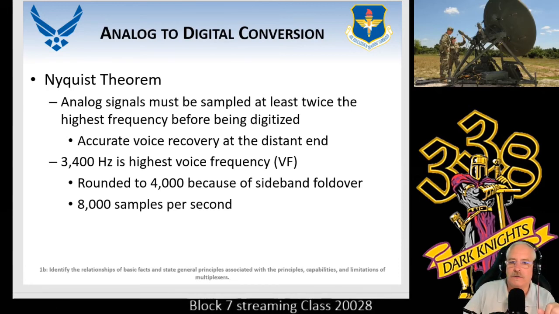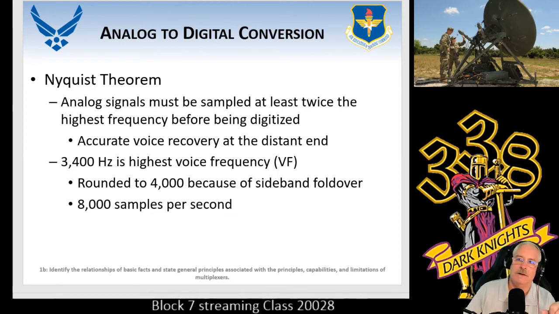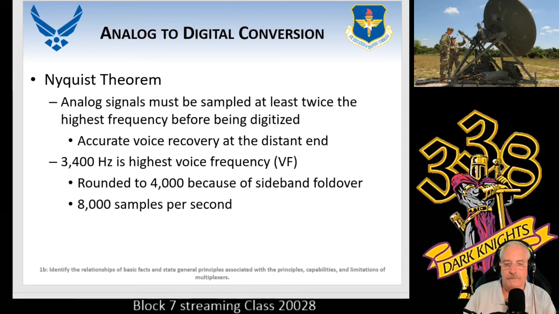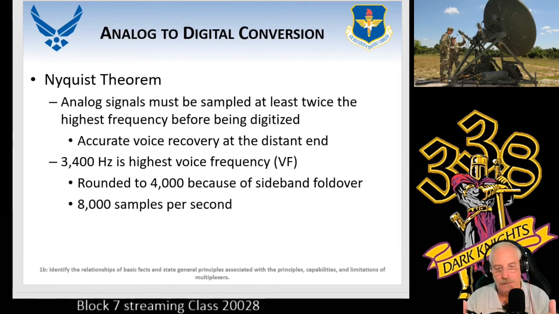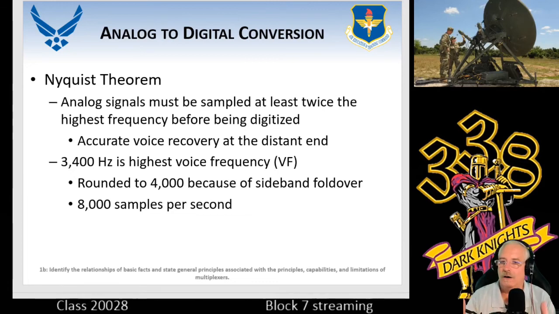Let's look at Nyquist's theorem. Now, Dr. Nyquist, because that's who it is, developed this theorem, where he looked at the voice and determined that most everybody's voice when we talk goes from about 300 to 3K, 3,400 hertz. Just gives you an idea of where our human voice is.